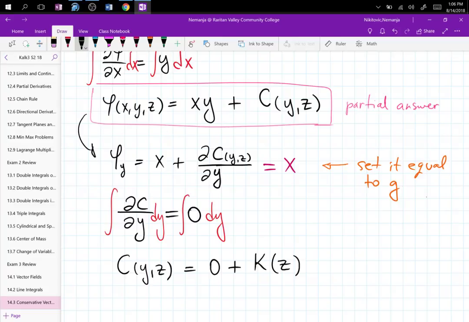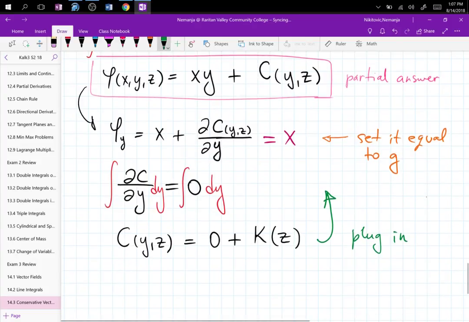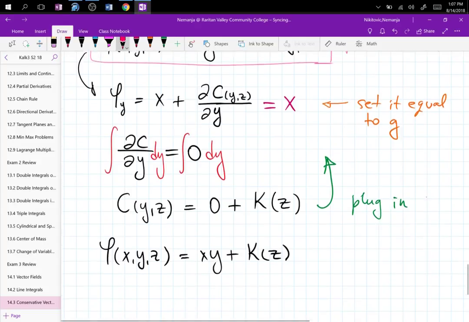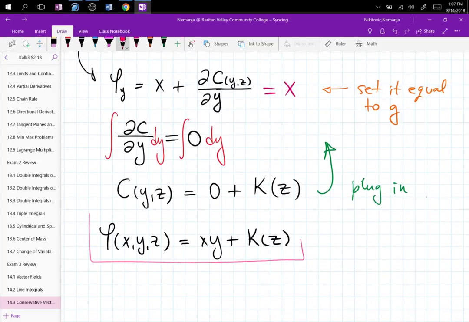So now that plugs in up there. Plug in. And now we are closer to our answer because we have that our phi of x, y, z is equal to xy plus now k of z. Now this is again a partial answer, but it's better. So let's call it a better partial answer.